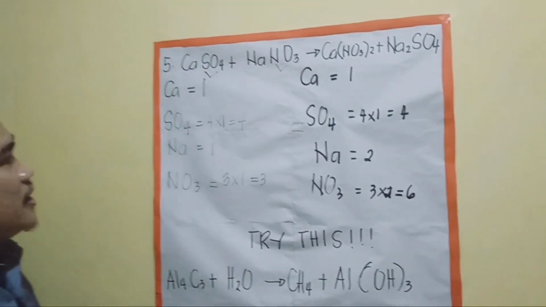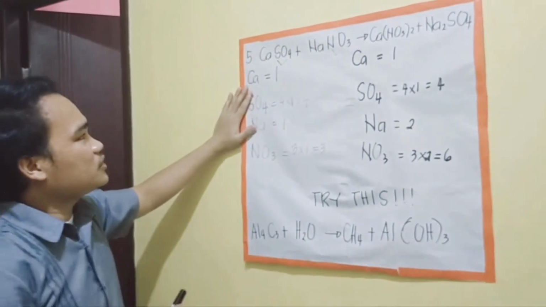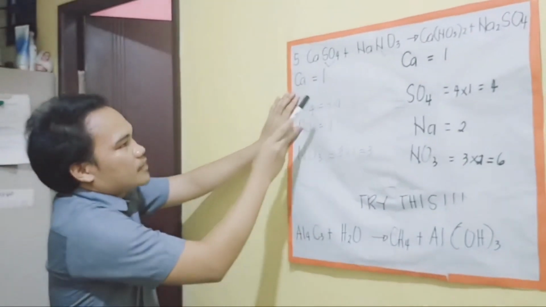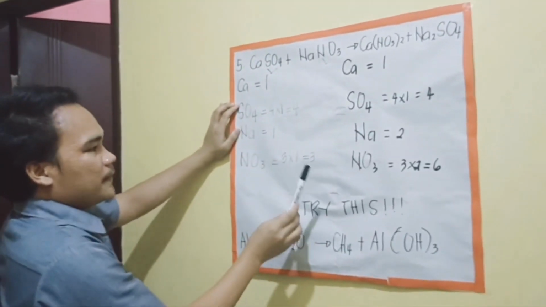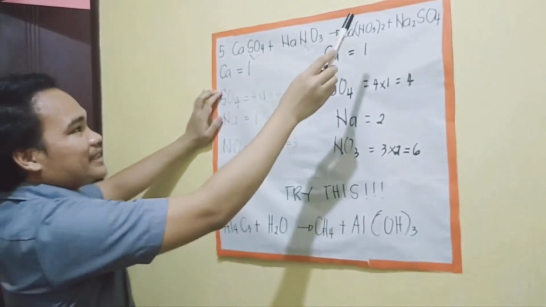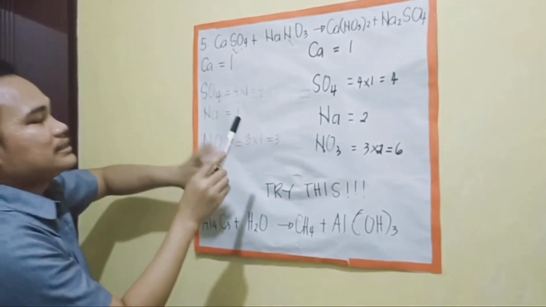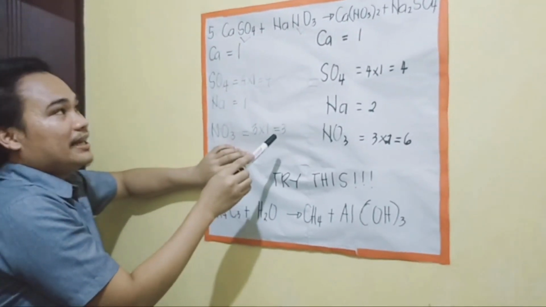So let's make this chemical equation balanced. Since we have 6 atoms of nitrate at the right side, we should have 6 nitrate at the left side.